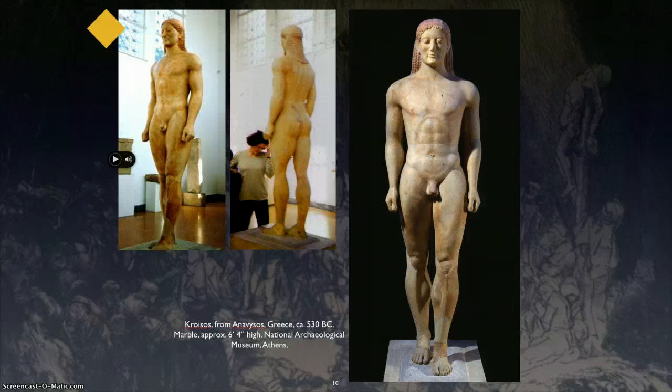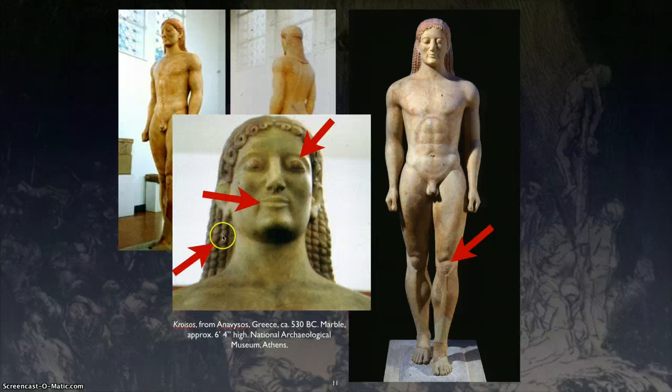And then just a few years later, 70 years or so, the artists have developed what almost looks real, but it's not. It still has the archaic grin. It still has the knotted hair, the almond-shaped eyes, and that rigid pose.